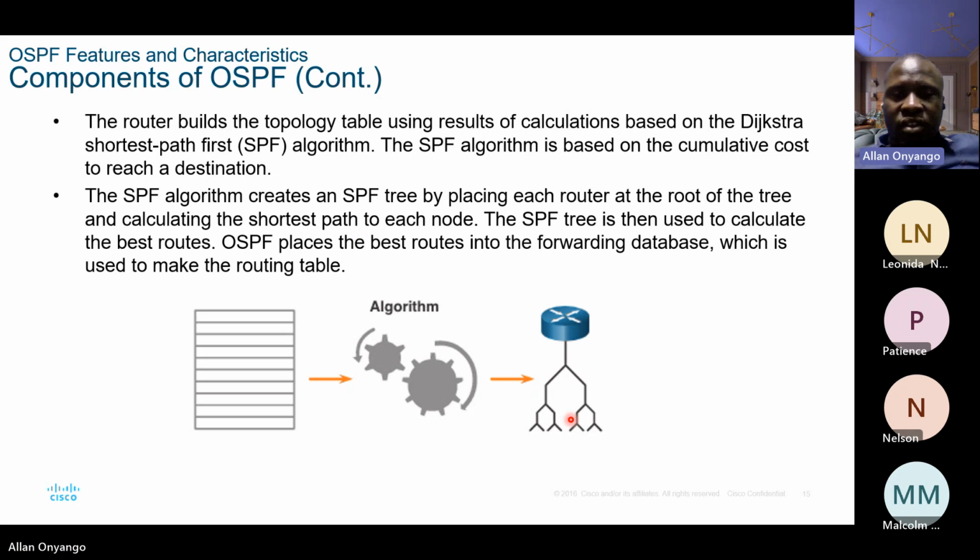If this is the tree, we take the tree through an algorithm to help us create the best path through this particular network. We might have 10 ways to reach a particular network, but the best or shortest path to reach that network is what will be placed in the routing table.